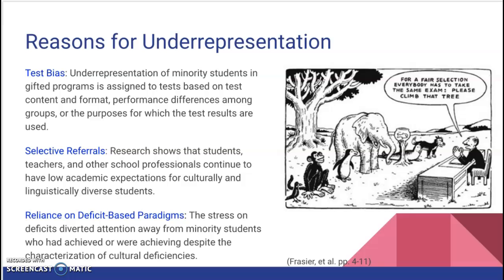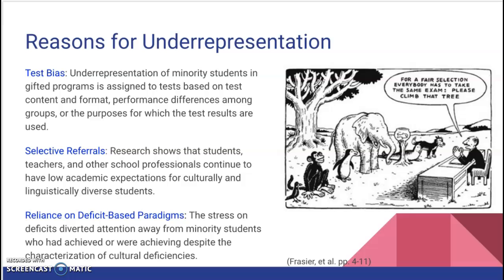Underrepresentation of minority participation in gifted programs is attributed to biases in standardized tests based on test content and format, the differences in performance, and the purpose that the test is used for. What are the results used for? What are they going to do with the results? The authors make the point that standardized tests discriminate against students who differ from the dominant group, the dominant group being white, middle-class, native English-speaking populations.